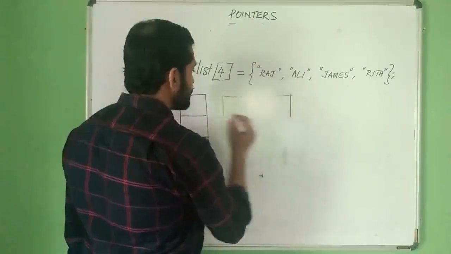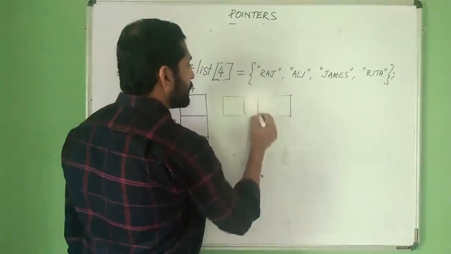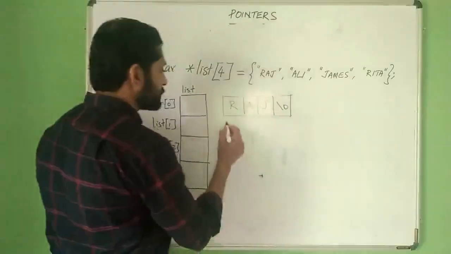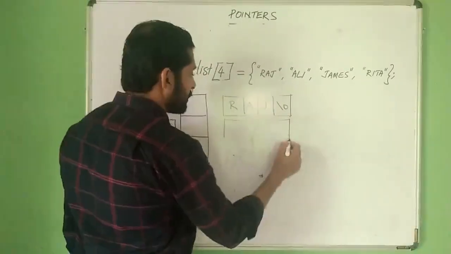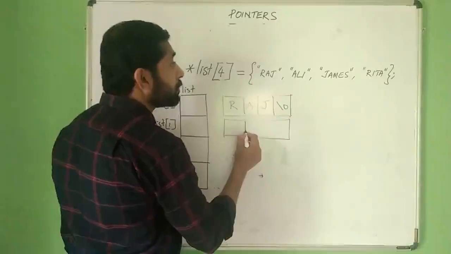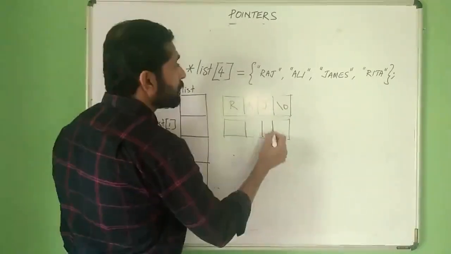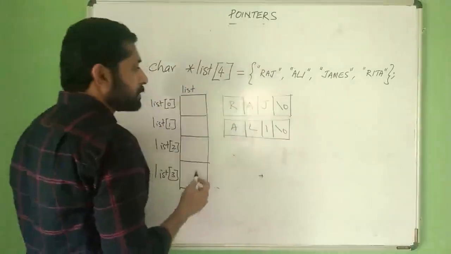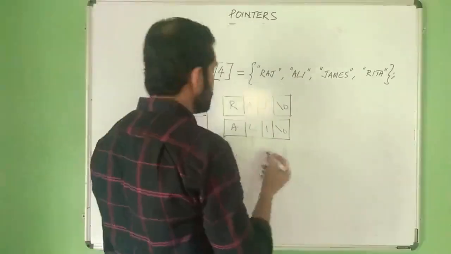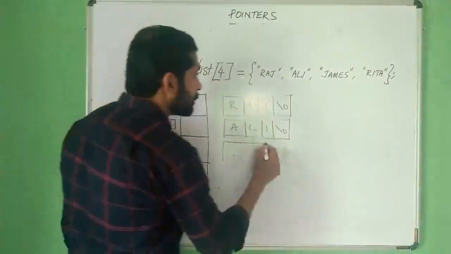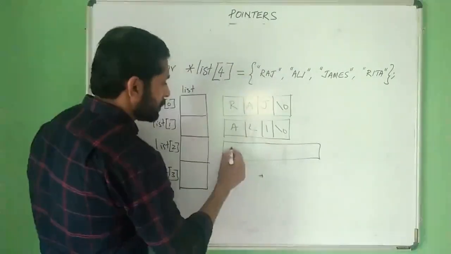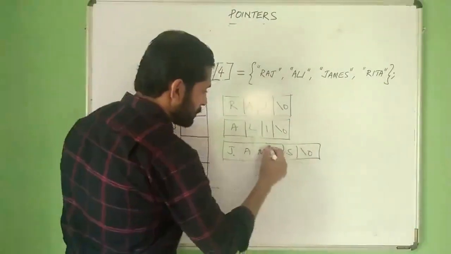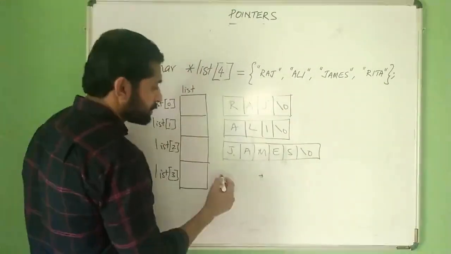Now on initialization, what happens? This will create Raj, something like this. This will create another for Ali, like this. And here another, James, another set of bytes.